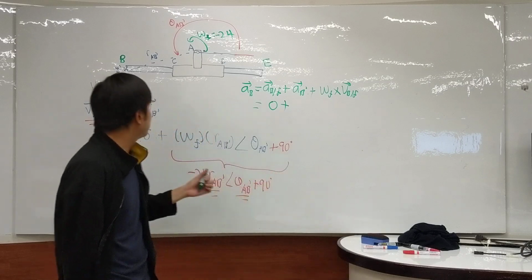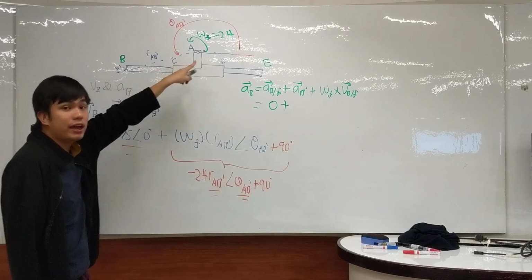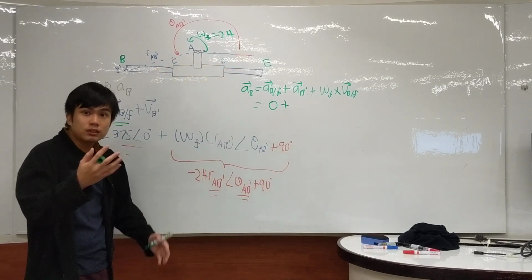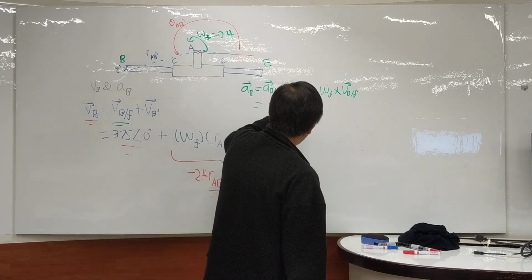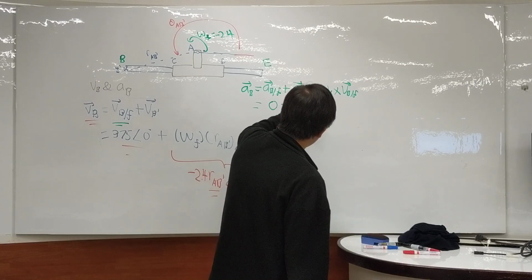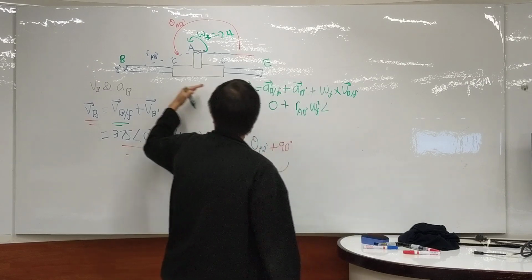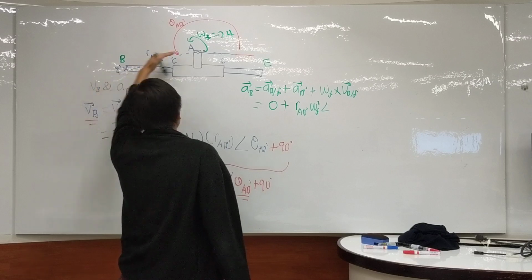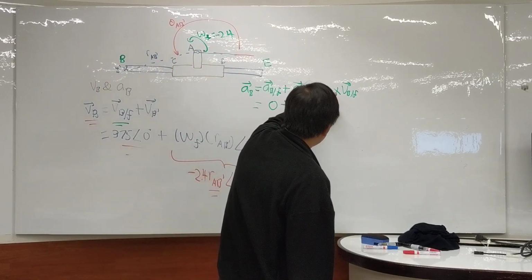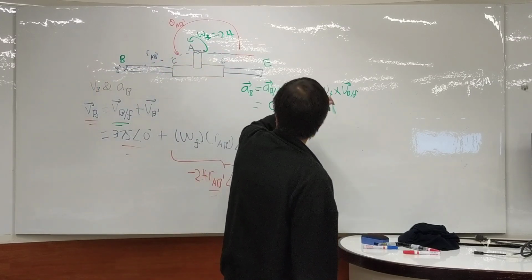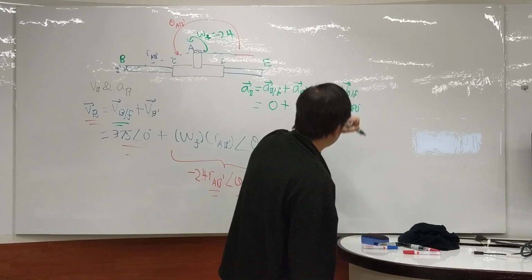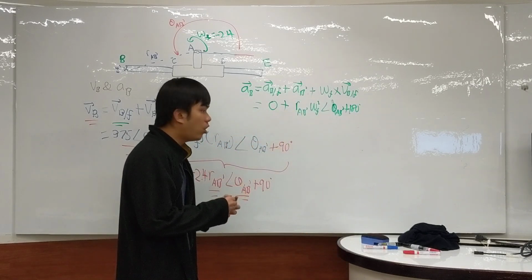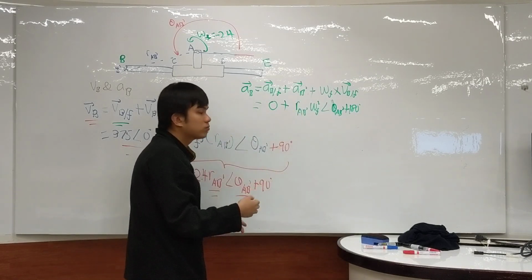Acceleration of B prime is basically acceleration of this point here, which is circular motion about A, which consists of two terms, right? Centripetal and tangential. The centripetal term is just basically R A B prime omega F squared, with direction pointing towards the center, which is just equal to theta A B prime plus 180, or you can put it inside as negative.